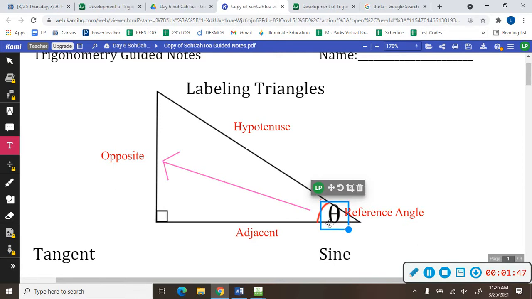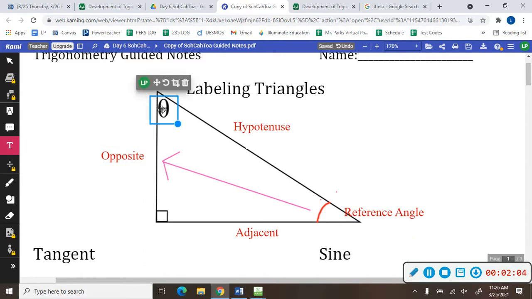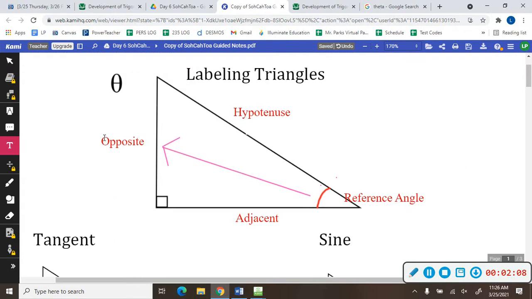So if theta is here, then this is opposite, that's adjacent, that's hypotenuse. But sometimes they want to know the other angle, and so they'll put theta here. Now this is your opposite, and that will be adjacent, and that stays hypotenuse. So this symbol theta is used for angles in trigonometry.